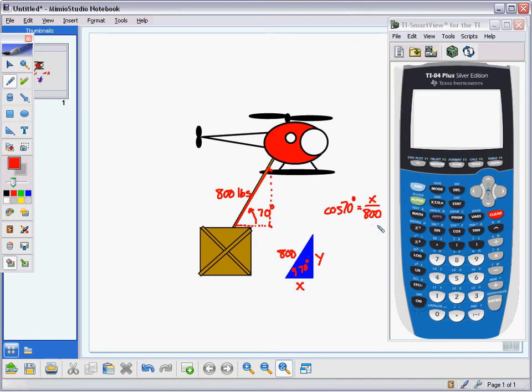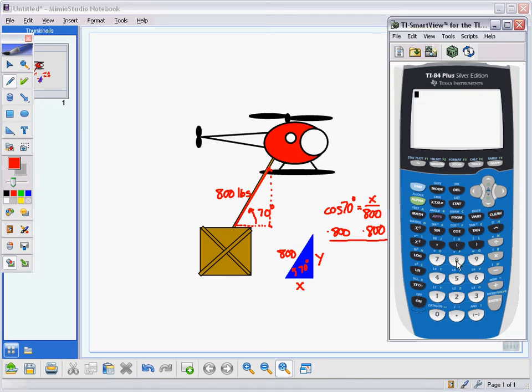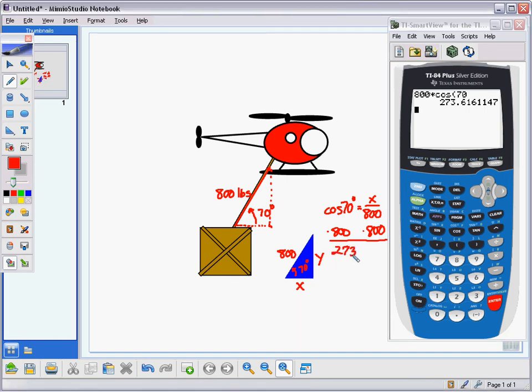I can quickly find the value of x by multiplying both sides by 800 and plugging that into my calculator. 800 multiplied by the cosine of 70. That gives me 273.6 pounds horizontally.